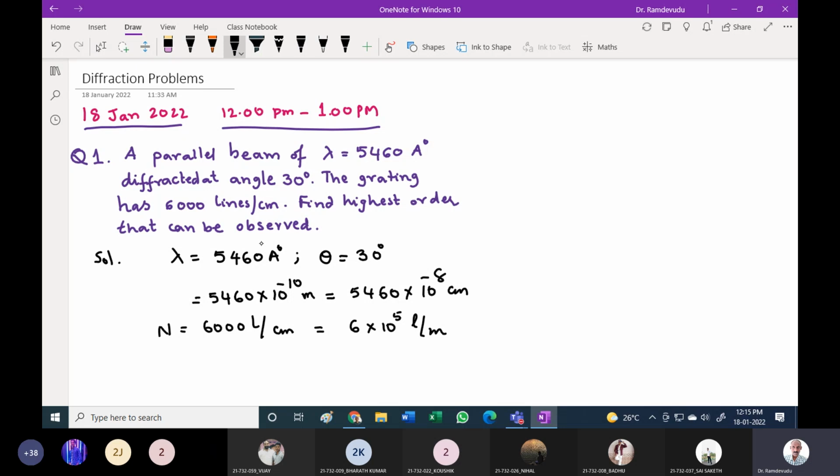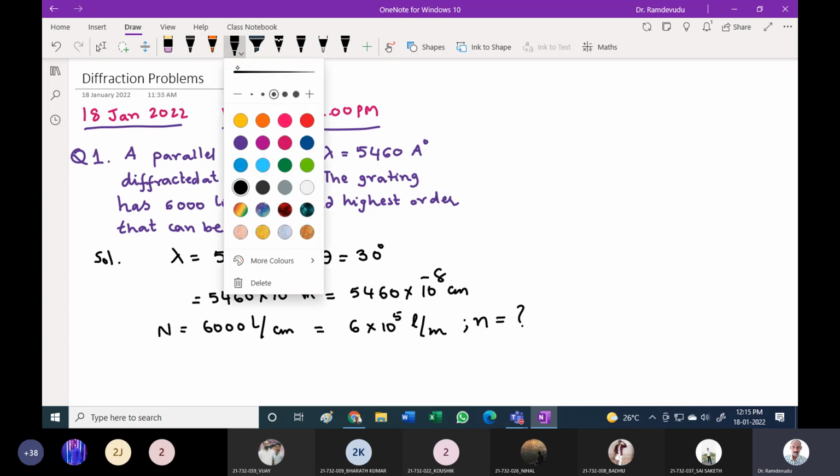So what is being asked? Find the highest order. What is small n asking us to find out? We have the grating equation.